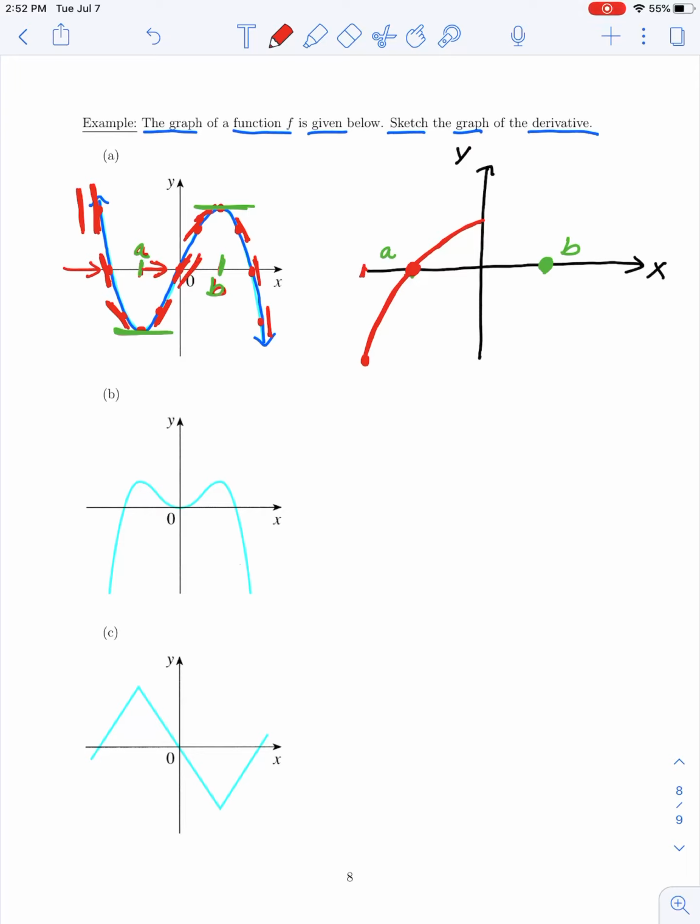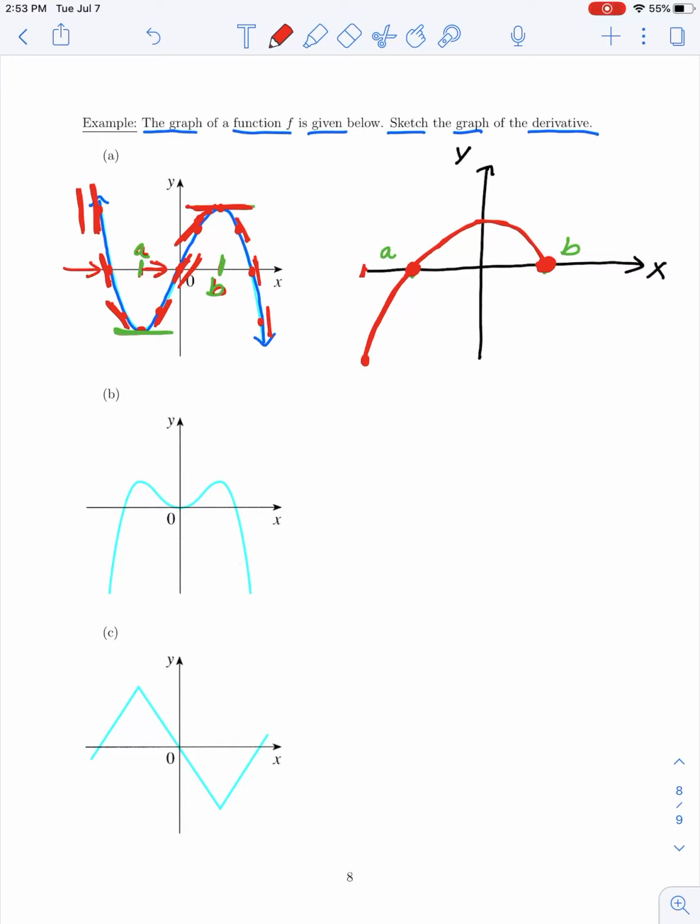Looks like our slope of that tangent line might be about 1 or something. And once we move past that, the slope of our tangent line starts to flatten back out. So it's still positive valued, but now it's a smaller positive value. It's decreasing. And as we get to the point x equals b, again, we have a horizontal tangent line. So we know we're passing back through 0.